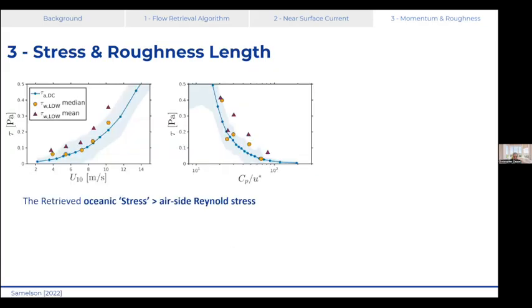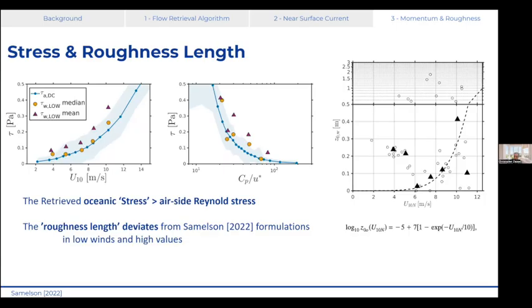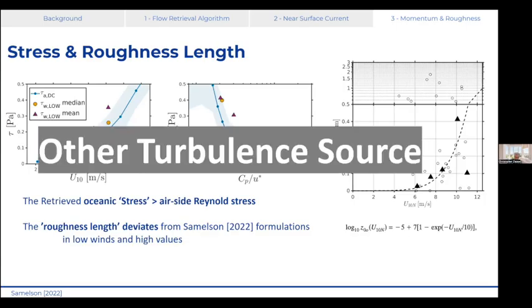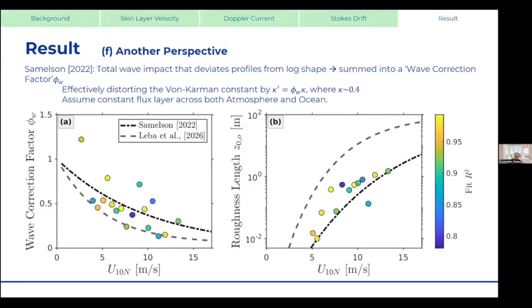And what we found was that the actual stress in the ocean is more than the stress in the air side. Actually, it's the other way around. There's more stress in the air than there is in the ocean because some momentum goes into the waves. So those are the measurements that say we need to adjust the relationships that are used in ECMWF.